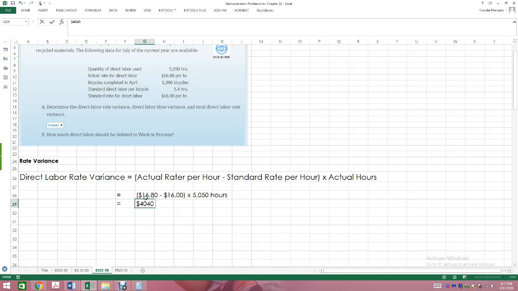I paid $16.80 when we had budgeted $16. So because we paid more, this is an unfavorable variance. You always compare your actual to your standard. If your actual is greater than your standard, then it's unfavorable. So that's my direct labor rate variance.